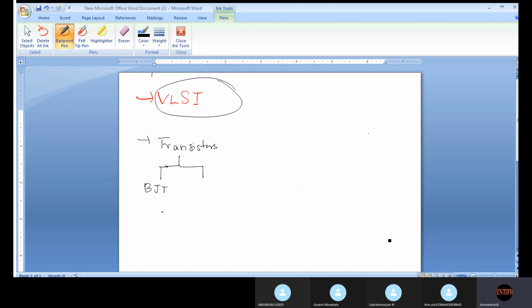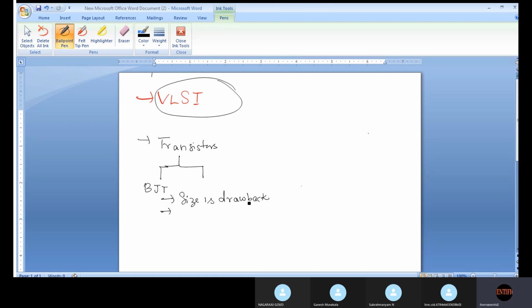See, if you design any device using the bipolar junction transistor, the first thing is the size is very heavy. Size is the main drawback for the BJT.